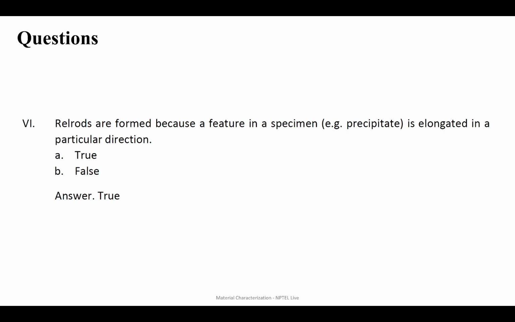So the answer to this is true. As thickness reduces, a feature is present through the whole thickness, and therefore railroads are formed.